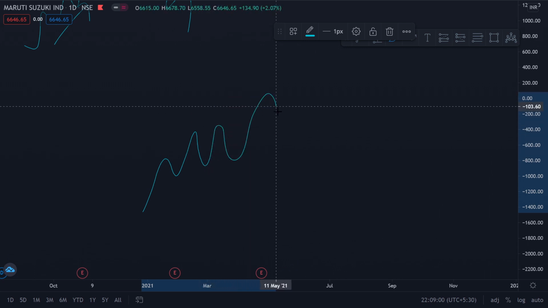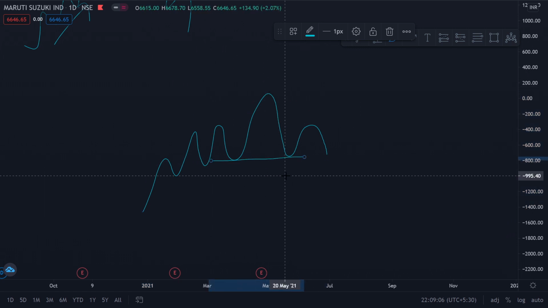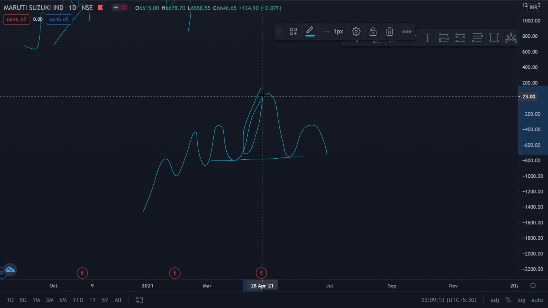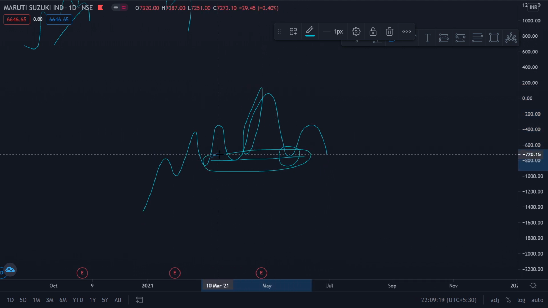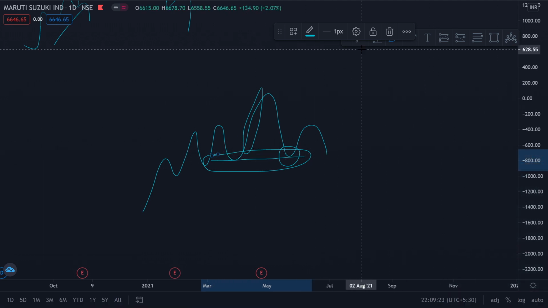This is the shoulder, this is the head, and this is the shoulder again. As soon as this head is formed and the market falls all the way back down here, the sellers are interested, because even though the buyers were able to take the price to a new higher high, the price has again come down to its initial lows, which means that selling pressure is slowly becoming more and more active in this counter, right?